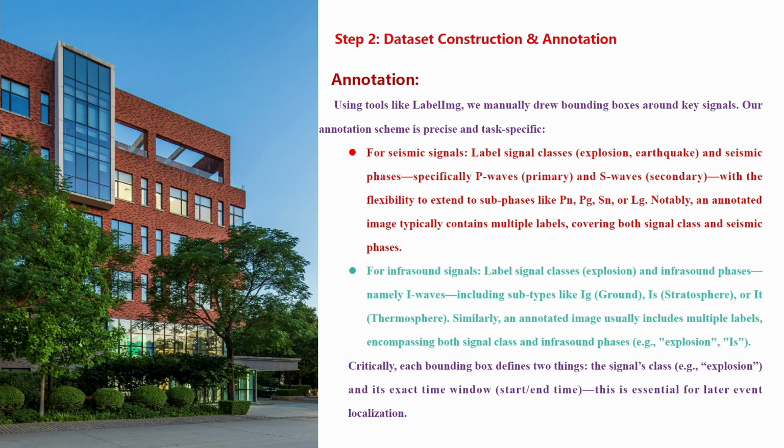For seismic signals, we label explosion or earthquake or P waves or S waves, and sub-type labels. For infrasound signals, we label explosion, that is polarized explosion, and other natural source, background noise.